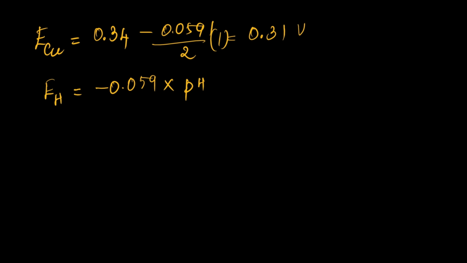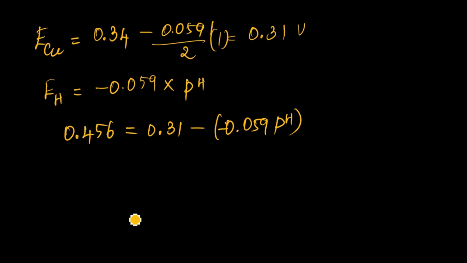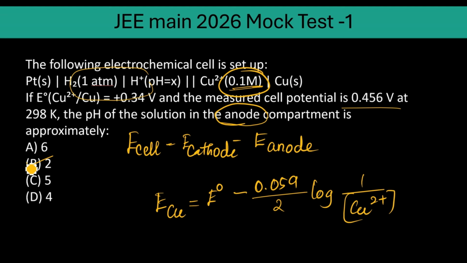So E cell value is given as 0.456, which is equal to what we have found for cathode, that is 0.31, minus for anode, minus 0.059 pH. So from here, can you derive the pH value? So pH comes to be around 2.5. Let's check with the options. So 2 is the nearest one, so 2 is your answer.